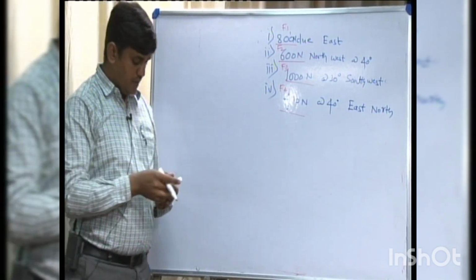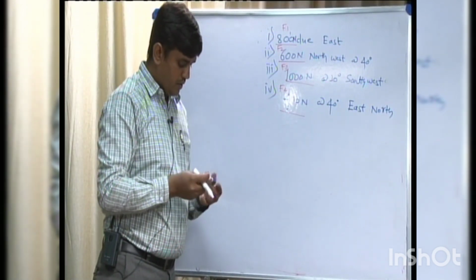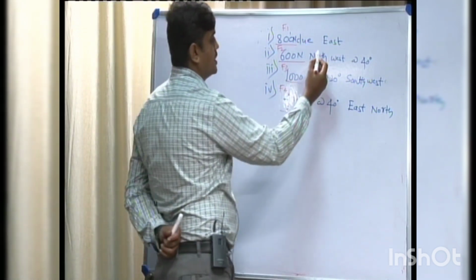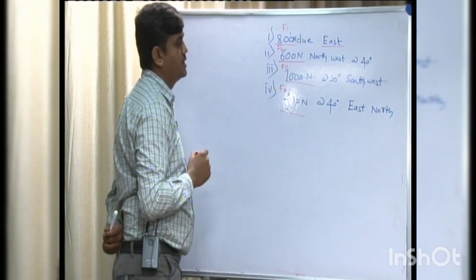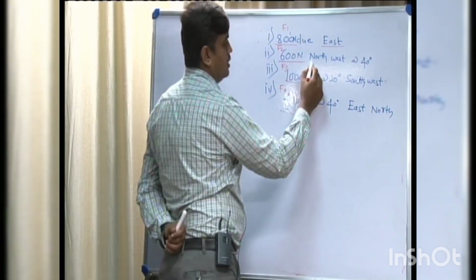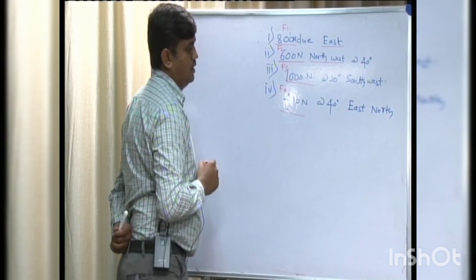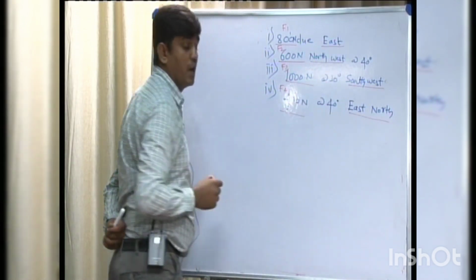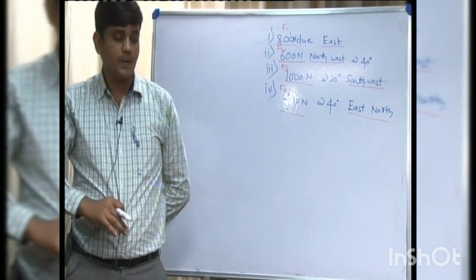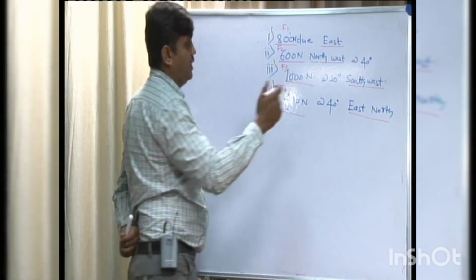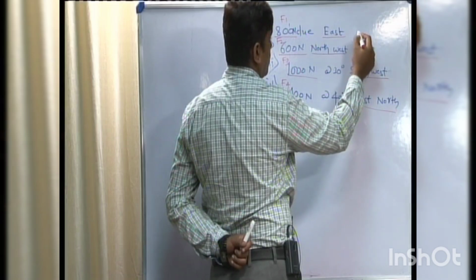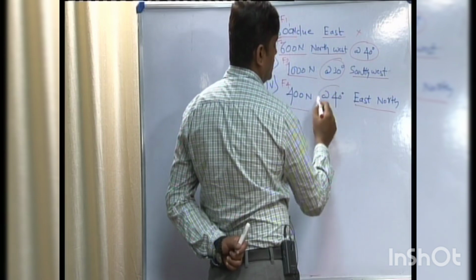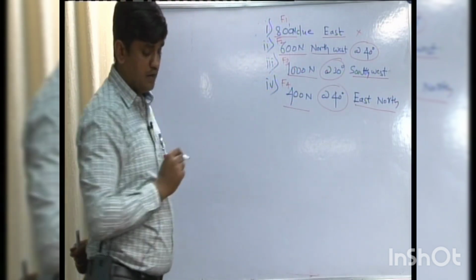Now we are going to draw which coordinate it belongs to. These are the other known given data: 800 Newton east, the directions northwest, southwest, and east north. This is the second point to be observed. After that, the angle made with a particular direction. Here no angle is mentioned for the first force. 40 degree, 30 degree, and 40 degree.